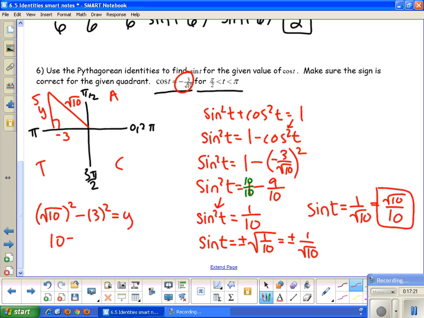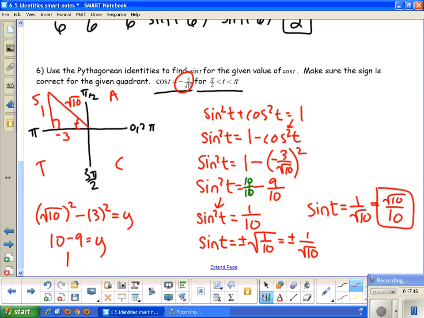So this would be 10 minus 9, which is where I got that 1. So instead of using my Pythagorean identities, I can still use my triangle to solve. And then from there, I could have gotten the fact that this is the angle that I'm using for t. Sine is opposite over hypotenuse, so 1 over root 10, which gives me root 10 over 10.